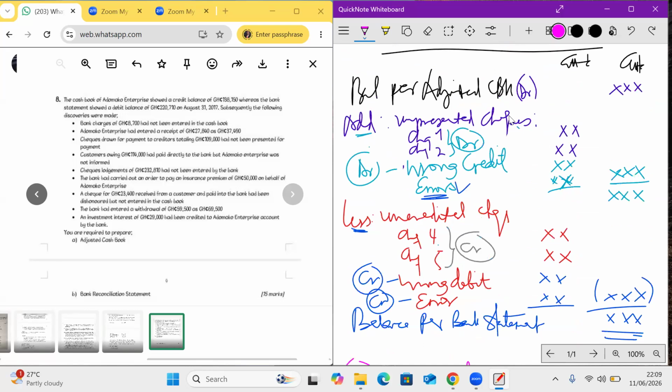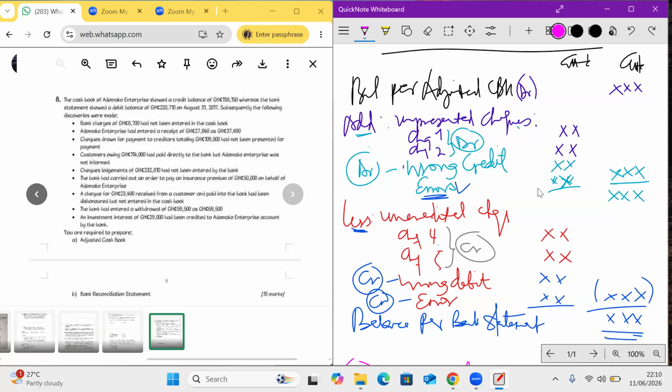Between the unpresented checks side and the less uncredited checks side, which of the two sides has credit entries?